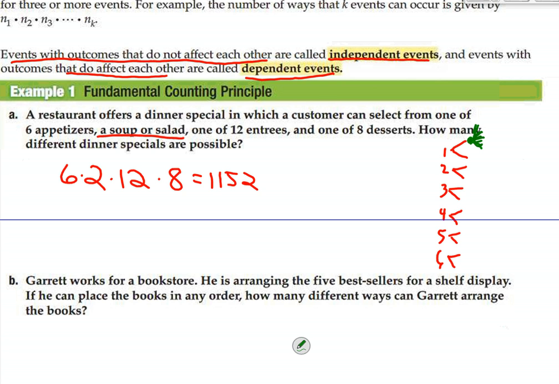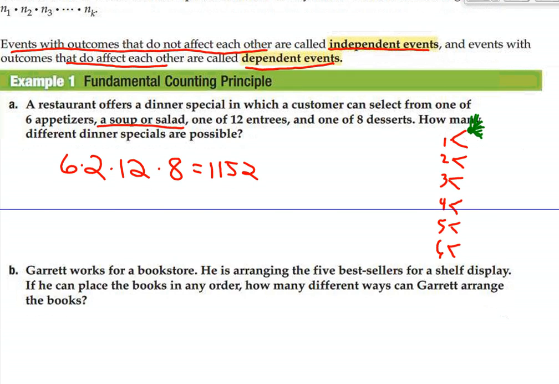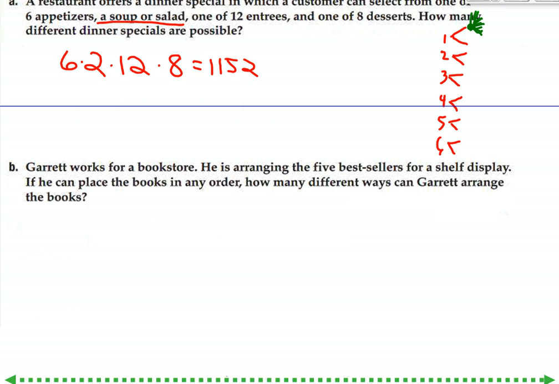And so it's a little hard to draw all those. And then from every one of those 12, there are 8 more desserts. So you can think about that as a tree diagram. And we want to be away from a tree diagram in this level of mathematics, but when in doubt, that is a go-to method.